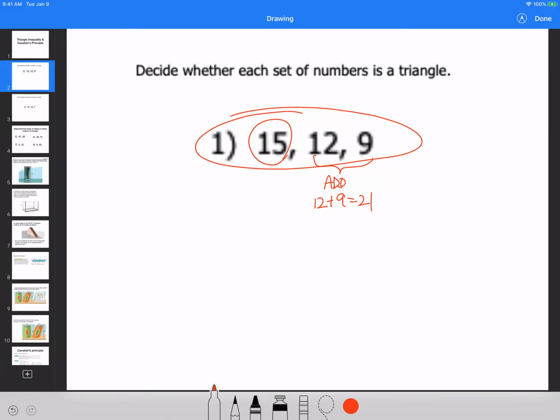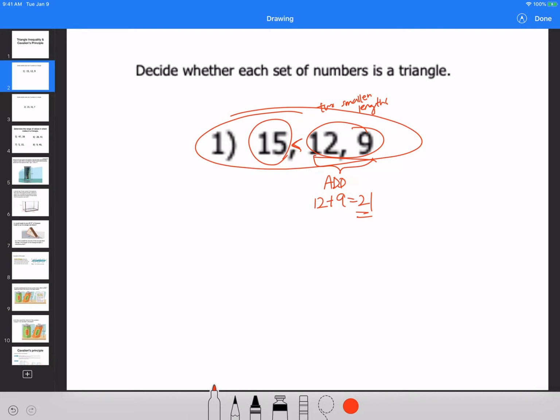Now, for anything, if that number is not bigger than 15, you're not going to have a triangle. Luckily, I do. So if I were to call these your two smaller lengths, those two added together has to be bigger than the third side, or the largest side.